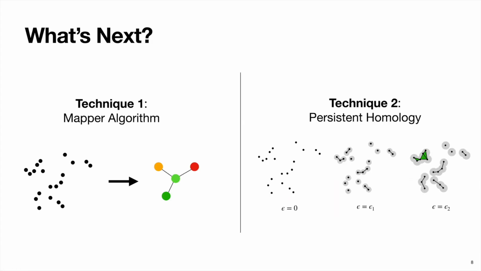In the next two videos, I will be talking about two specific techniques, respectively. The first technique is called the mapper algorithm. What this algorithm provides is something very similar to what Euler did. We will take any generic data set and we will translate it into a graph. Then in the following video, we will discuss another specific technique under the umbrella of topological data analysis called persistent homology.